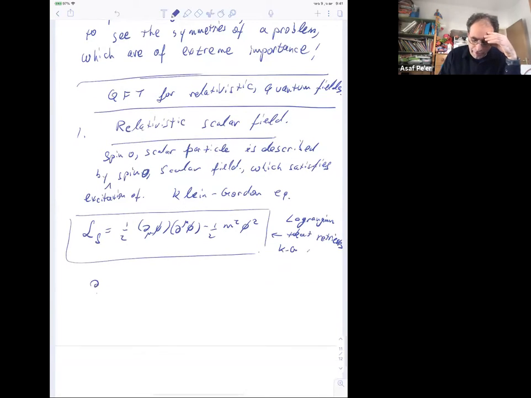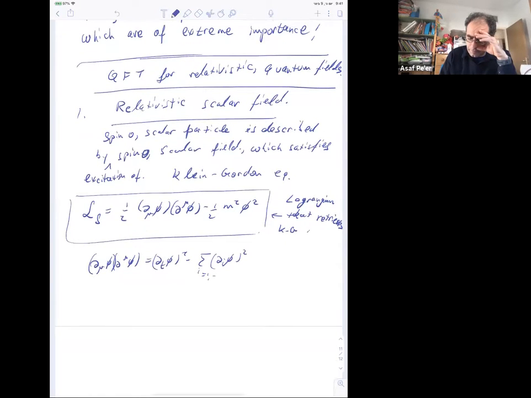Remember d_mu phi d^mu phi is just d_t phi squared minus the sum over i of d_i phi squared, right? i is 1, 2, 3, in our convention.